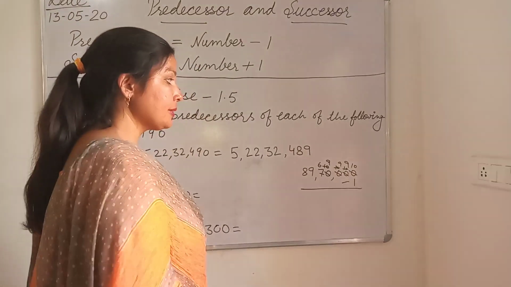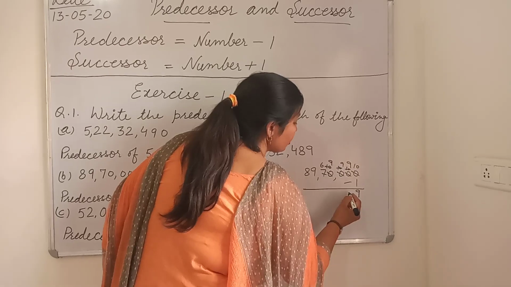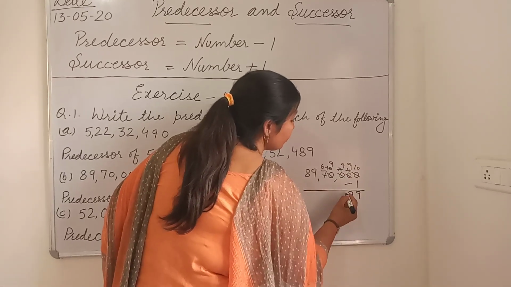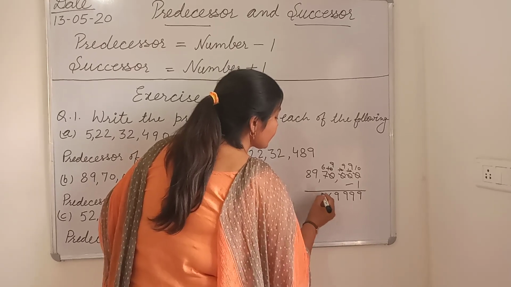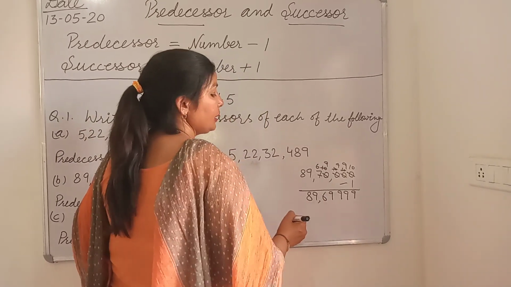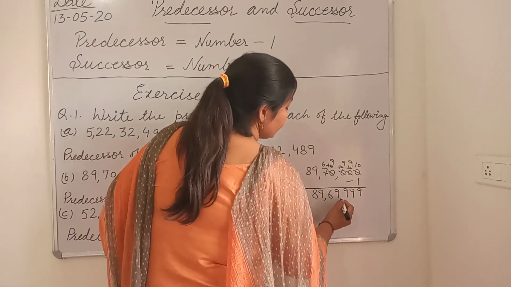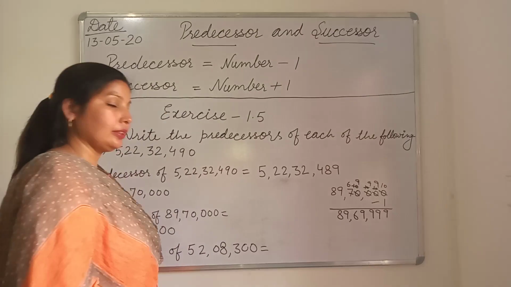Now we can do minus. 10 minus 1, 9. There is also 9, also 9, also 9. There is 6, 9, 8. So it becomes 89 lakhs 69,999.